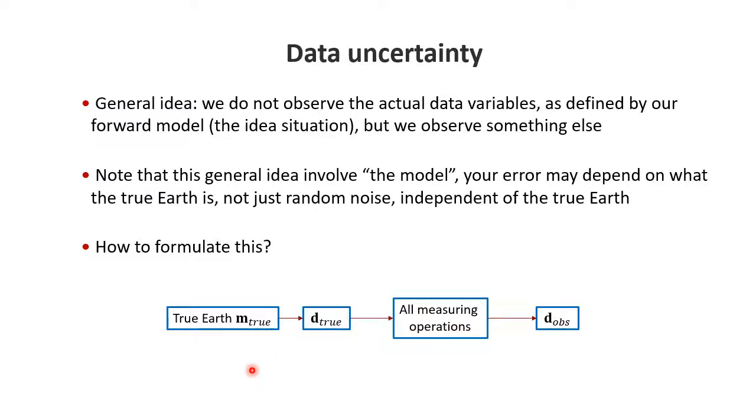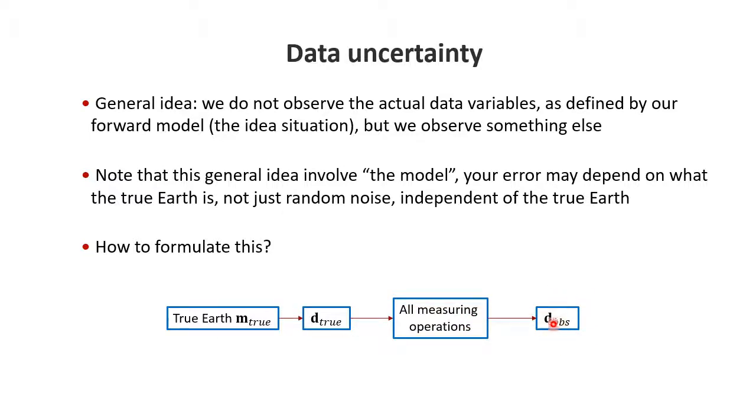But because measurements are not perfect, there is setup error, there is what we think is the geometry of the measurement, but in reality the geometry is different. Of course, there is noise coming into the question. There are many issues in these measuring operations that don't have to be just random noise that lead us to getting the observation. So instead of getting this, which is what we'd like to have, our measurement operations only give us this.